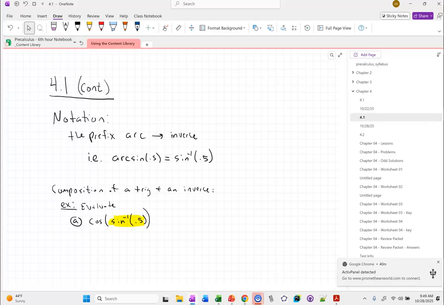Same thing as the worksheets. Arc cosine means cosine inverse. Yeah, worksheets is like the entire thing. It's just arc, inverse.